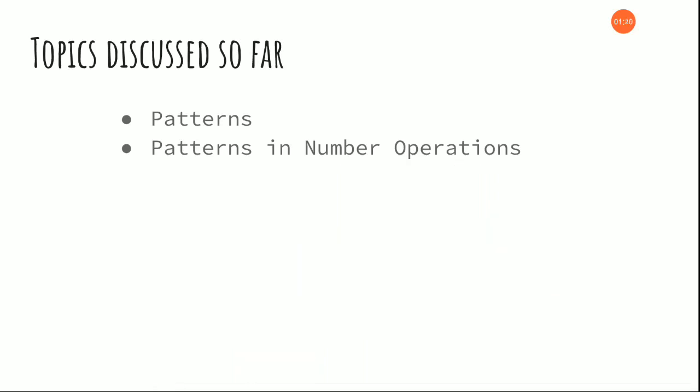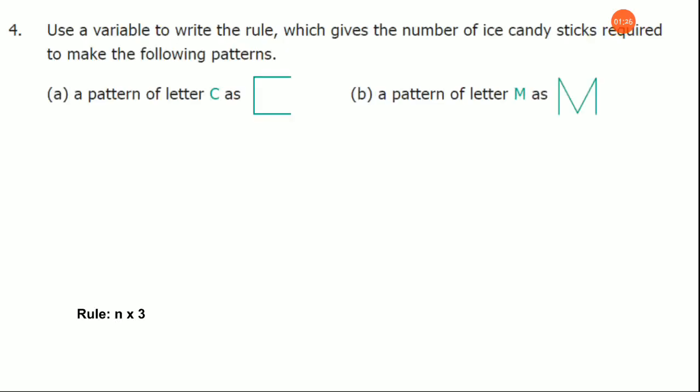Before that, let me solve one more sum based on this pattern so that you will be a little more clear. Okay? Now, look at this question. Use a variable to write the rule which gives the number of ice candy sticks required to make the following patterns.